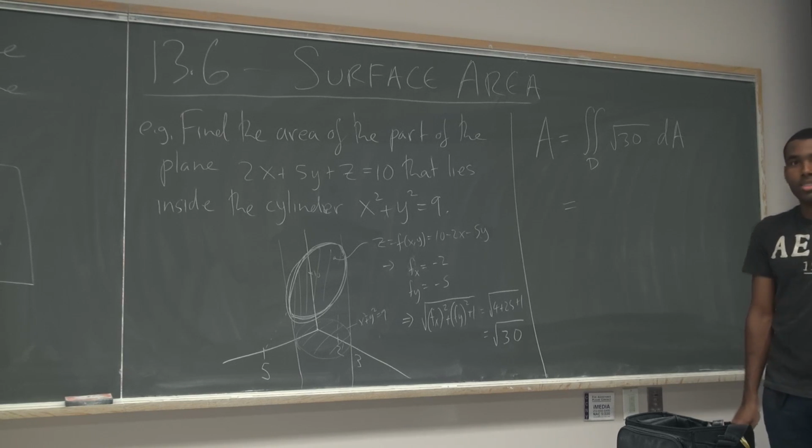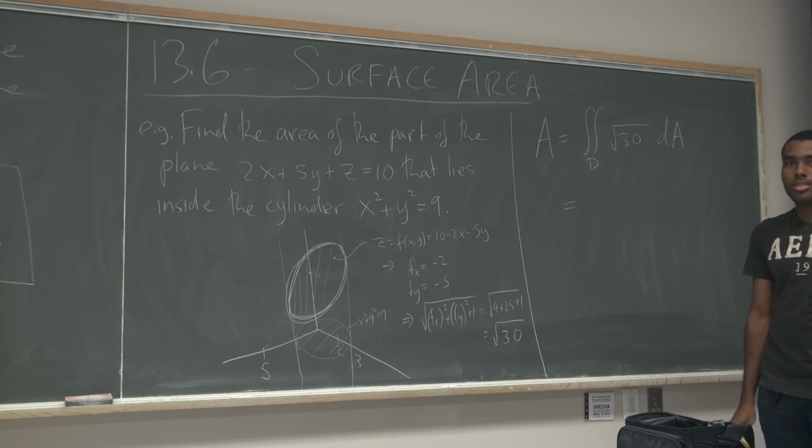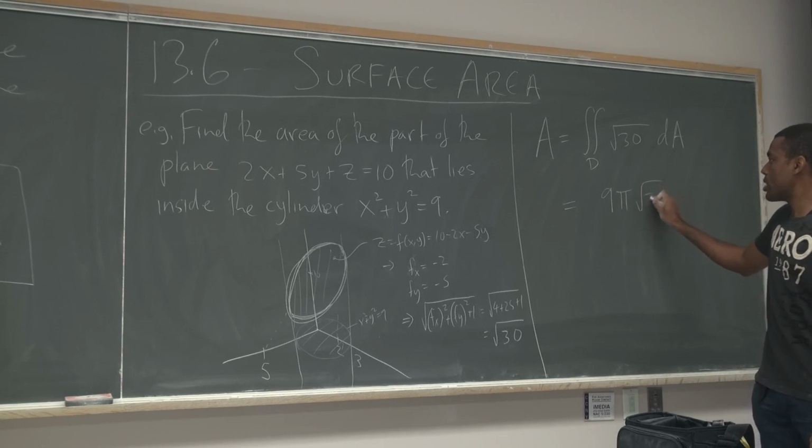You're thinking too hard. It's not going to be 6. 9 pi radical 30.